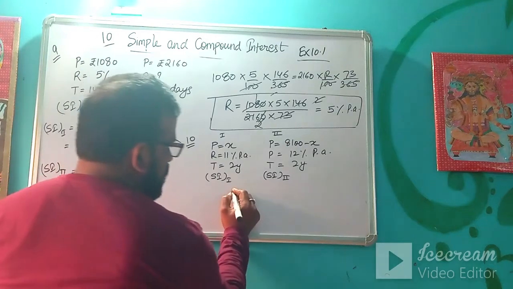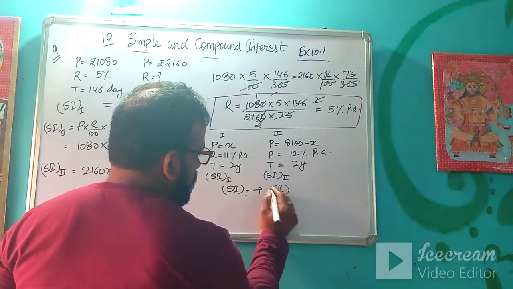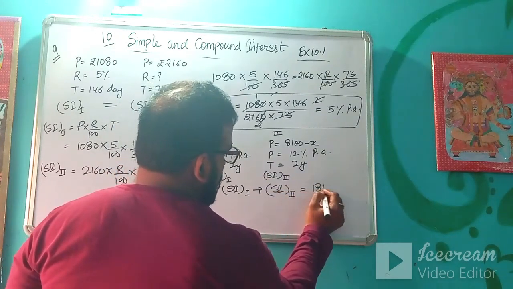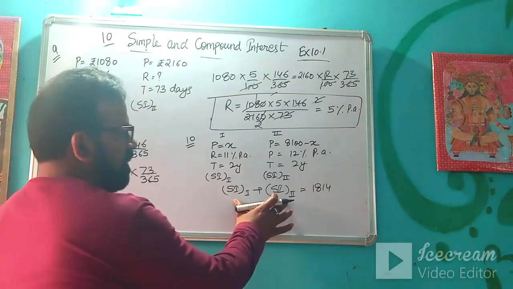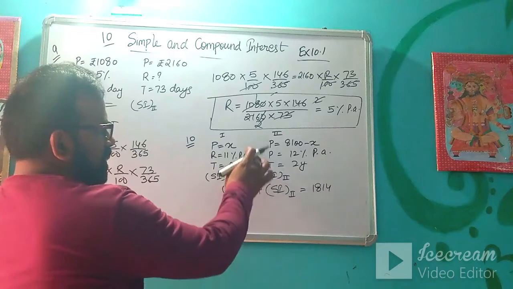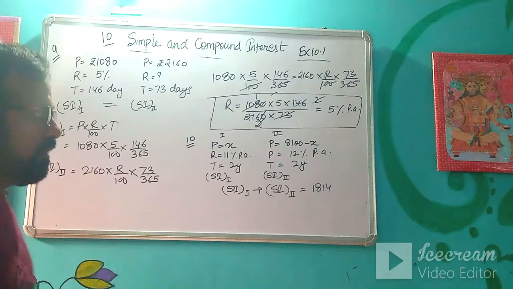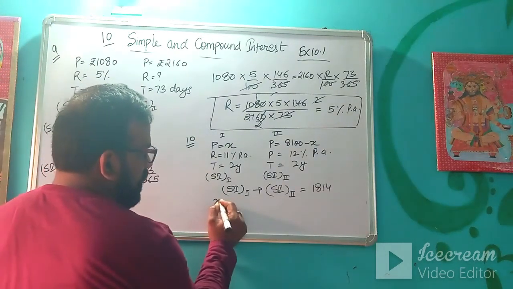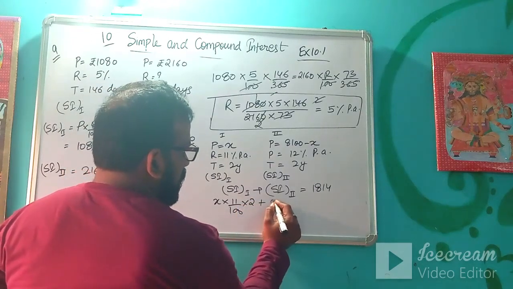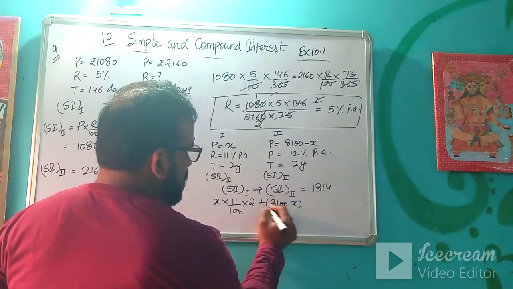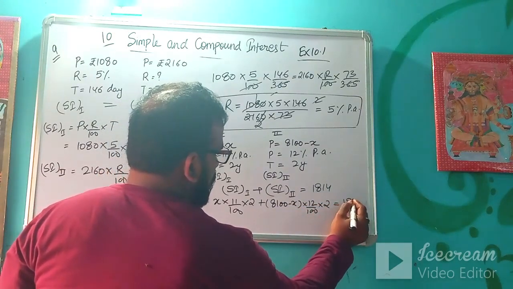So what is given? Given is simple interest 1 plus simple interest 2 is equal to 1814. Okay, the sum of the interest earned by investing the money in two schemes is 1814. So we will simply put the values: x into 11 upon 100 into 2 plus 8100 minus x into 12 upon 100 into 2 equal to 1814.